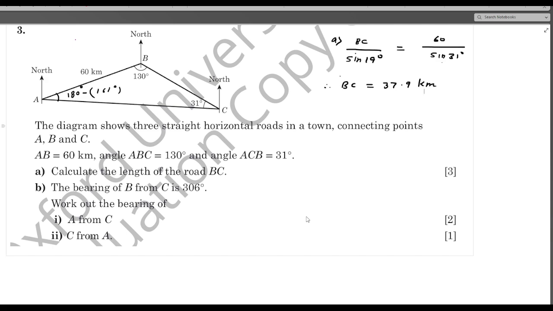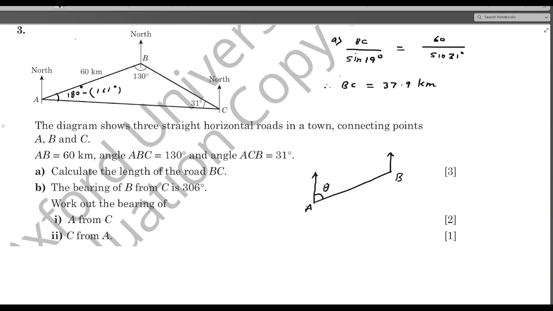Now B part, the bearing of B. Let us understand bearing. Now if there is a line like this, A and B, and this is your north direction, then the bearing of B from A is this angle, say this angle is theta.